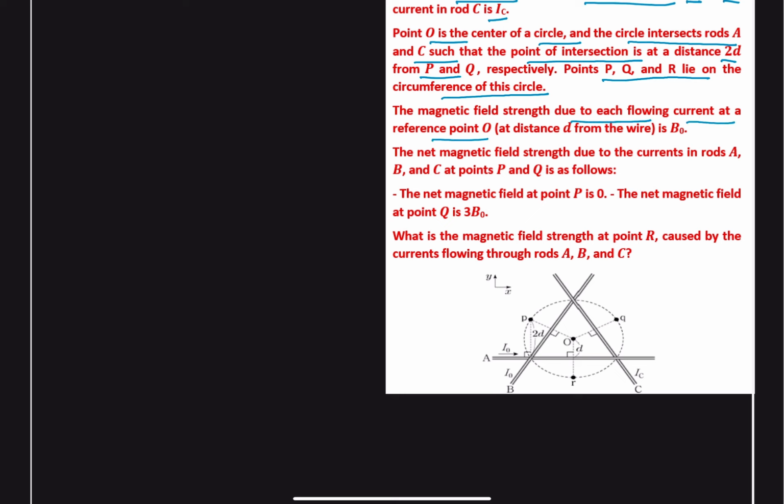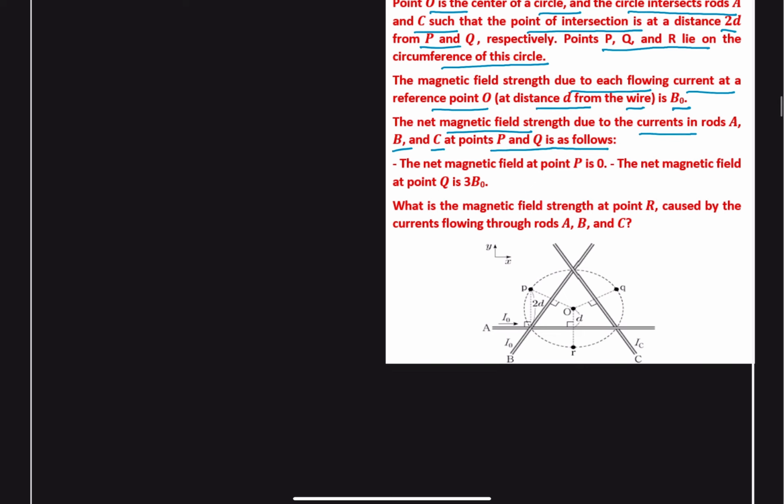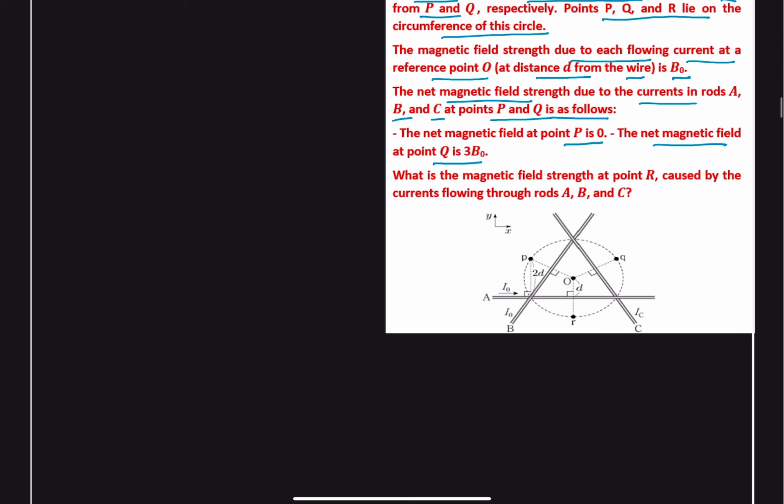The net magnetic field strength due to currents in rods A, B, C at points P and Q are as follows. The net magnetic field at point P is 0, and the net magnetic field at point Q is 3B0. What is the magnetic field strength at point R caused by the current flowing through rods A, B, and C?